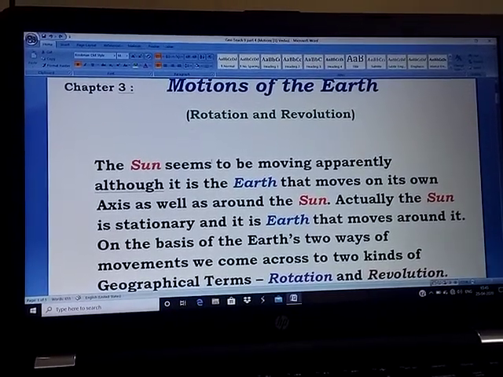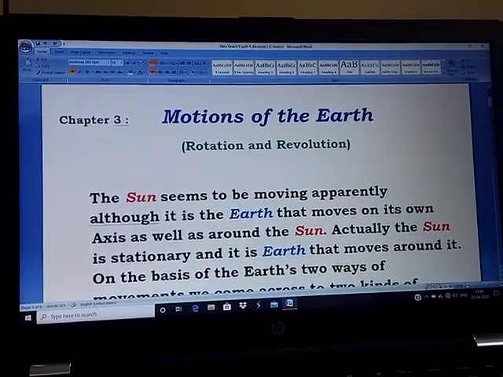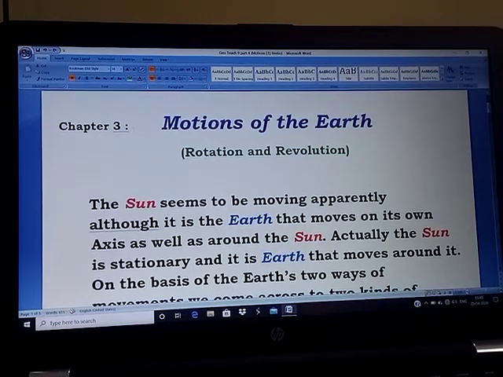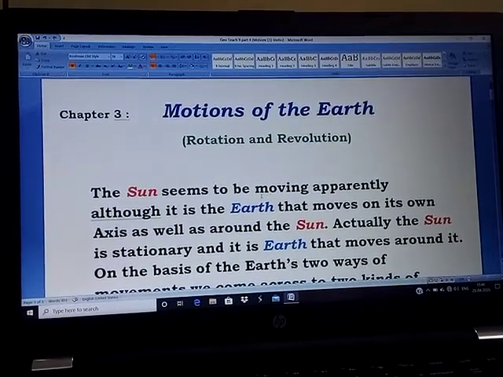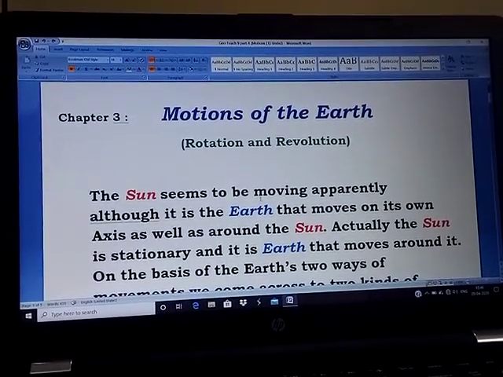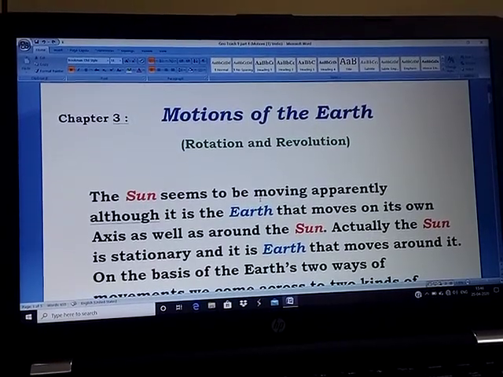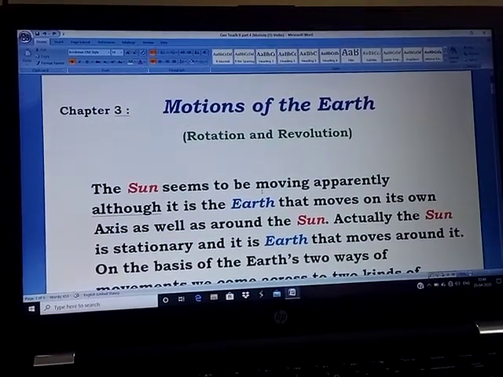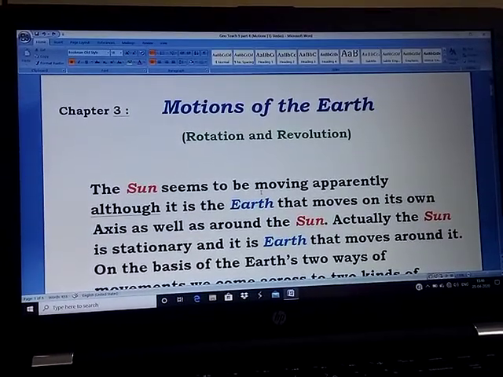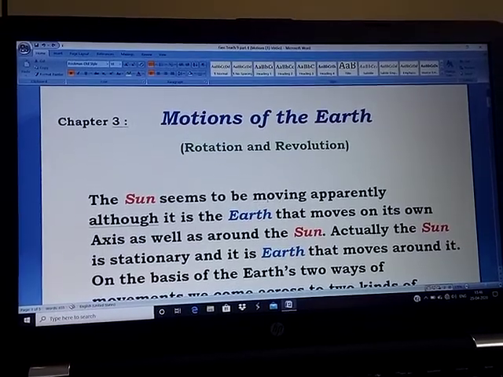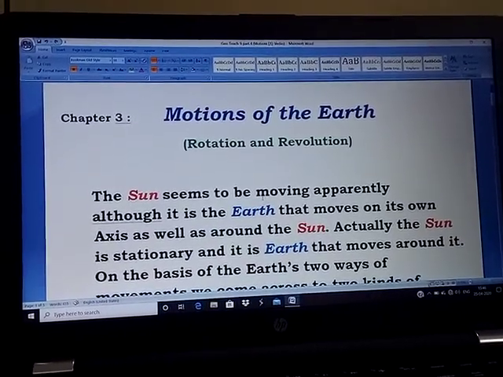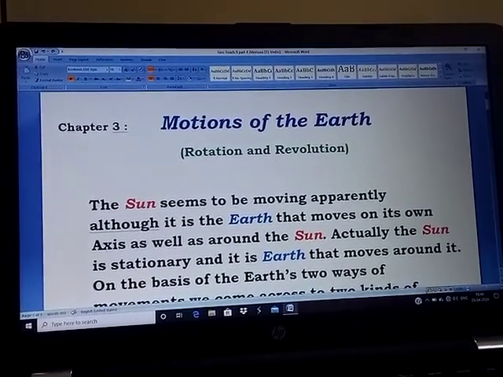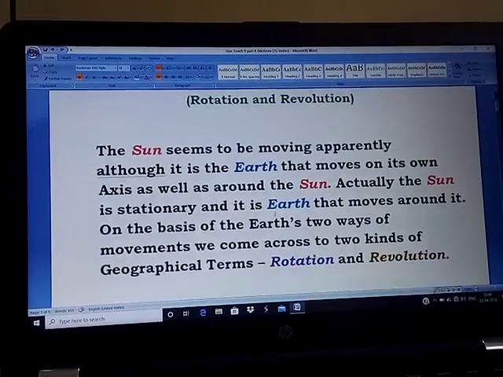Before we enter into detail about rotation and revolution, let us be aware of one thing. It seems that the sun rises and the sun sets. We see the sun rise in the morning, and at noon it is right above our head, and in the evening it seems to go down. We say the sun is setting, but actually it is the earth that moves.